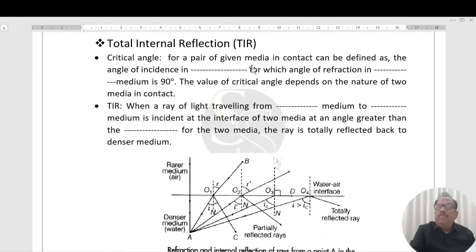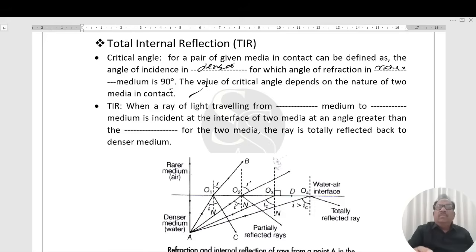Total internal reflection. The critical angle for a pair of given media in contact can be defined as the angle of incidence in the denser medium for which the angle of refraction in the rare medium is 90 degrees.